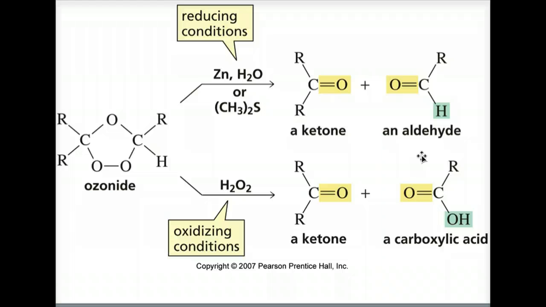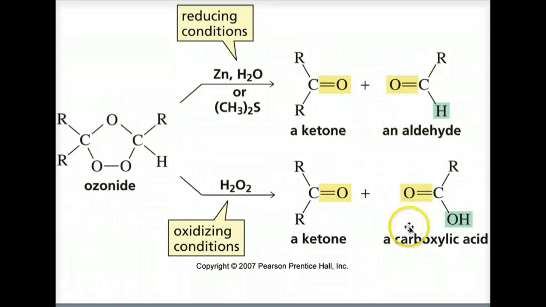So this slide shows the reduction and oxidation of the ozonide, but overall oxidation of an alkene that is transformed into an ozonide intermediate. Okay, so you can see oxidation occurring here. This is oxidation in reducing conditions. We start with so many carbon-oxygen bonds and we end up with so many carbon-oxygen bonds.